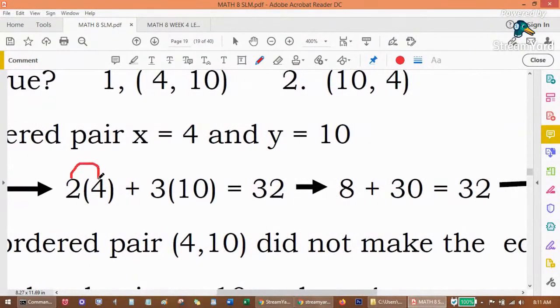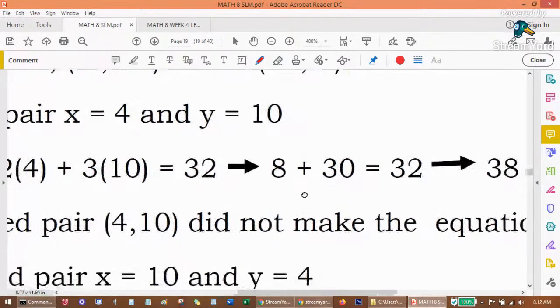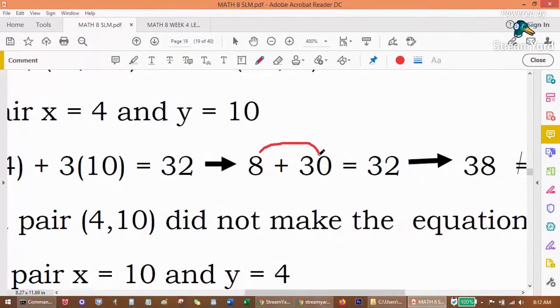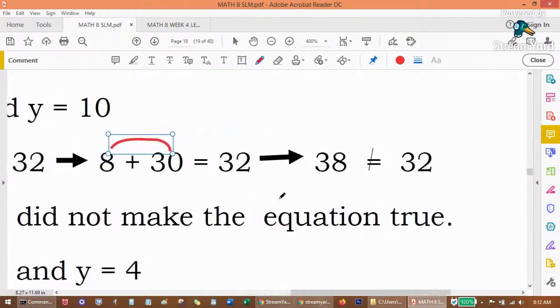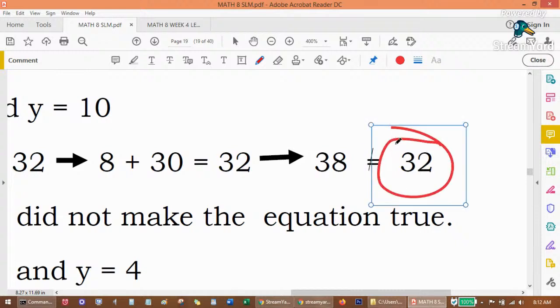So, this is 2 times 4 is equal to 8. And 3 times 10 is equal to 30. 8 plus 30. So, tong equation na to ay magiging ganito. 8 plus 30 is 38. Is not equal to 32.